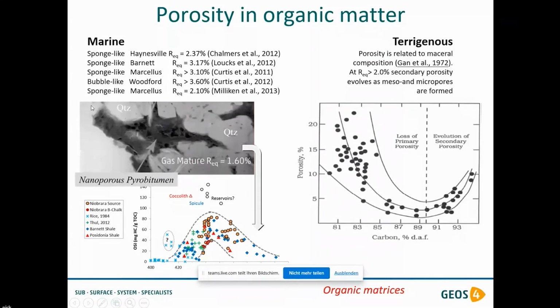Now the shielding of those nanoporous pyrobitumen by rigid grains in shales might be very important to let those pores survive in the metagenesis zone, which is in contrast to coals, to more organic-rich coals, where the secondary porosity rather evolves as smaller meso and micropores, just yielding sorptive storage sites for the hydrogen, in contrast to a true gas phase in the bigger pores of the pyrobitumen.